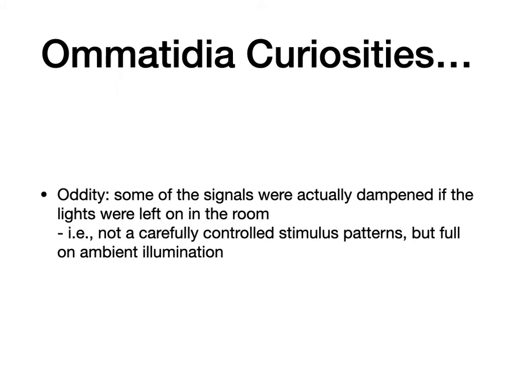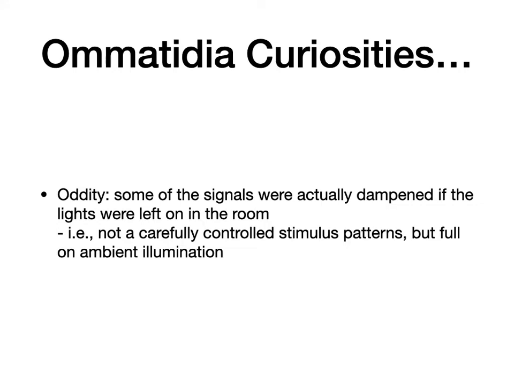Some of the signals are actually dampened if the lights in the room are left on. That's odd, because you would expect that if the lights in the room were on, then all of the neurons would be more active, right? They would have a stronger signal, but that's not the case.